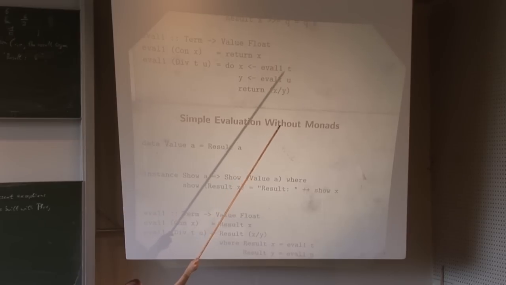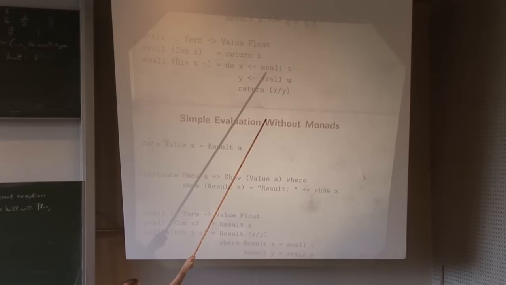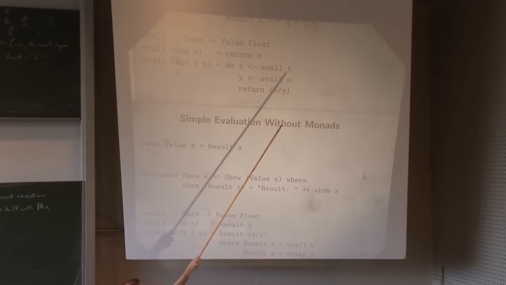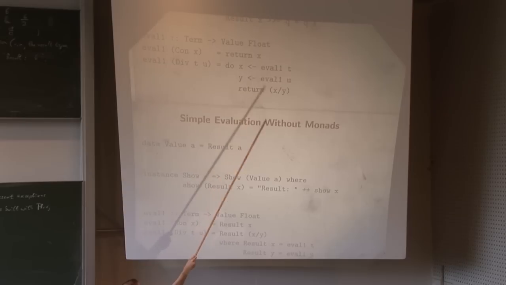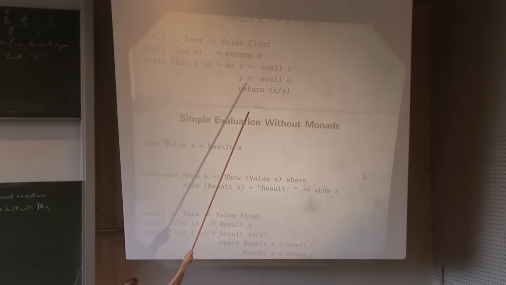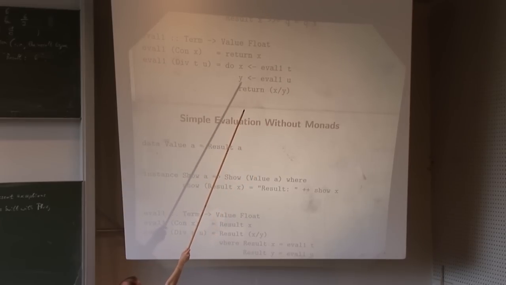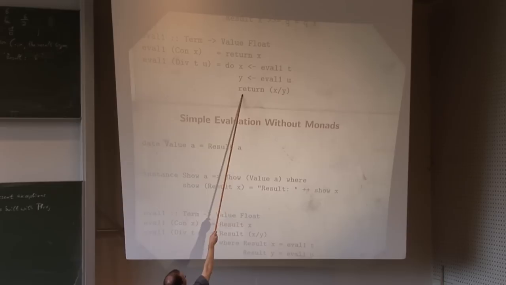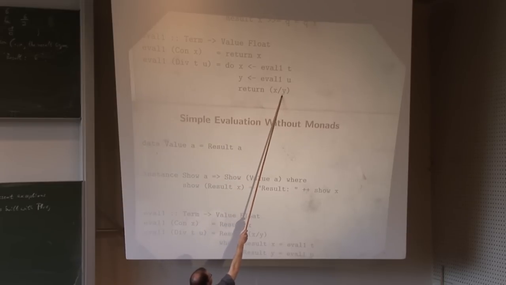First evaluate t, and the object that is encapsulated in the resulting monad object is x. Then evaluate u, and y is the thing that is encapsulated then. And then give back another monad object, but the thing that is encapsulated here is x divided by y. So these things are really identical. They do the same thing if you implement return and bind in this way.